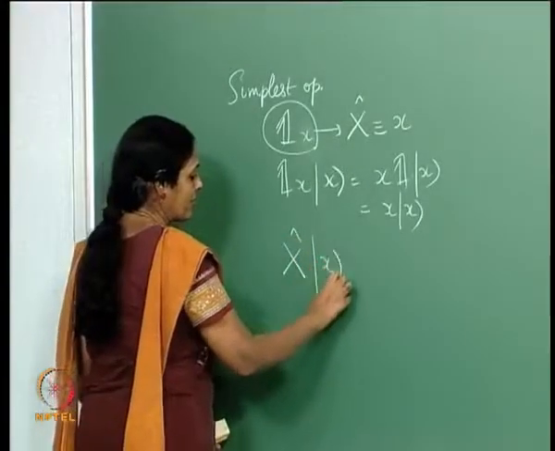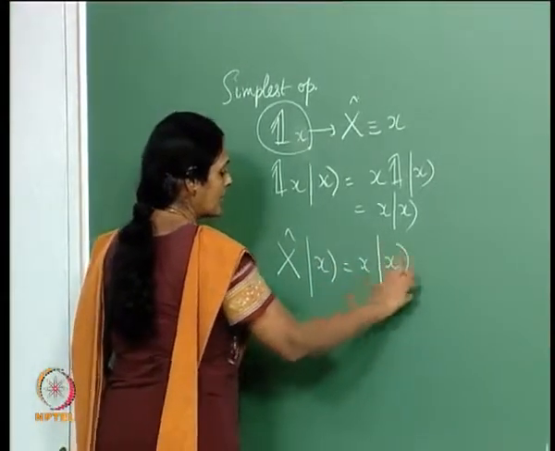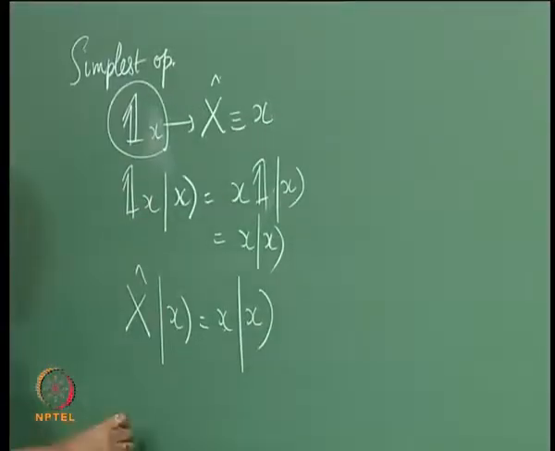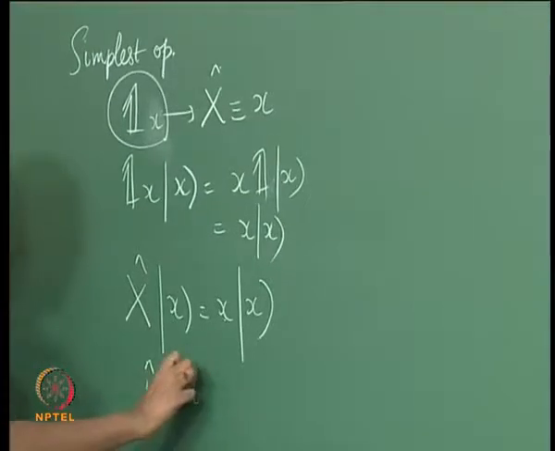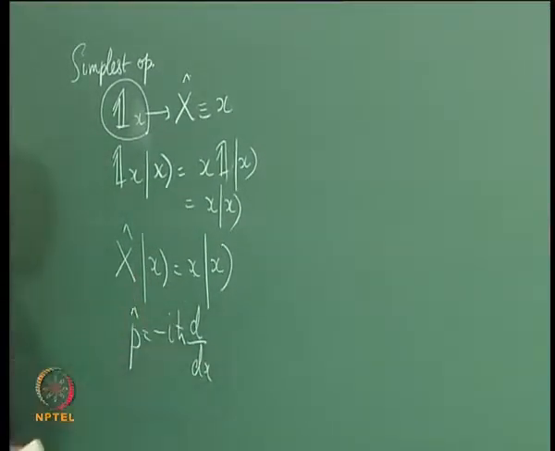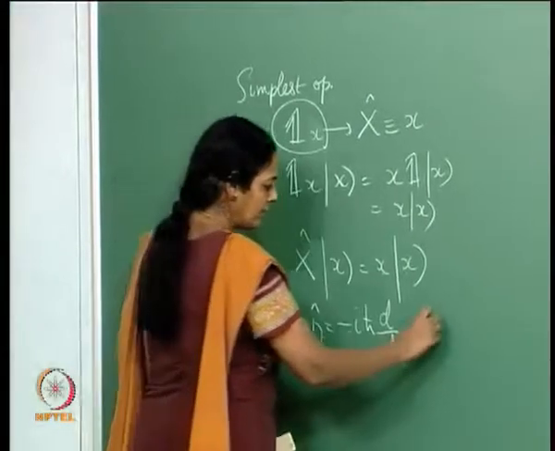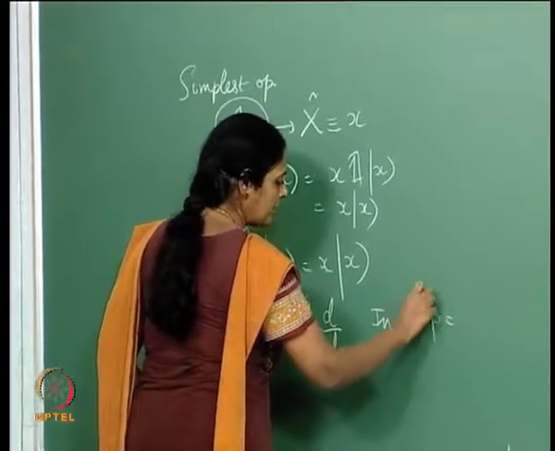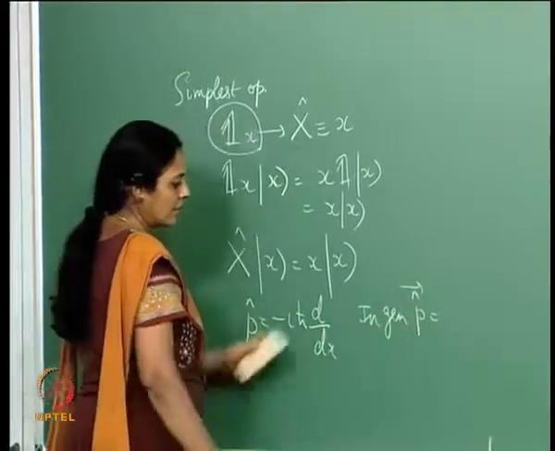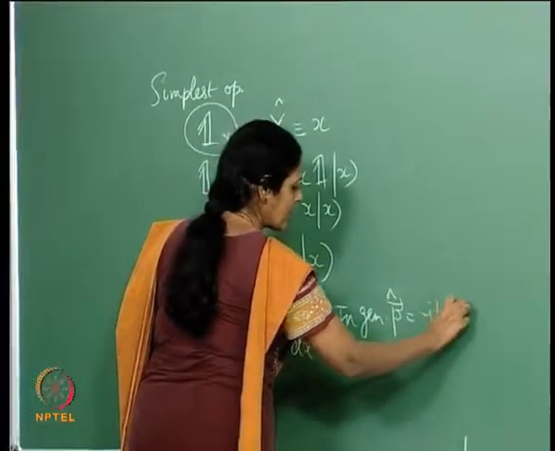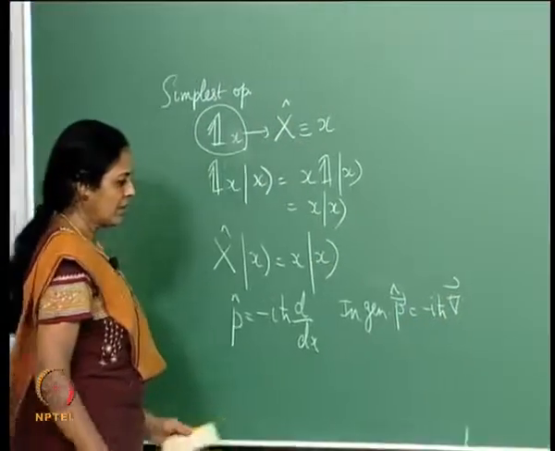So, x pulls out the eigenvalue x, and this is your eigenvalue equation. Of course, the momentum operator p was minus i h cross d by dx. We are looking at one dimension, the x axis, and in general the operator p, which is also a vector under rotations in space, is minus i h cross del.